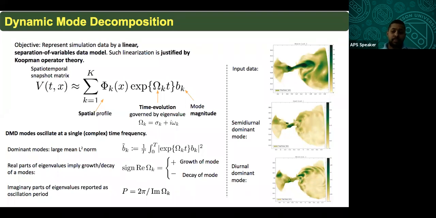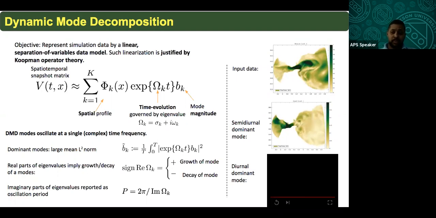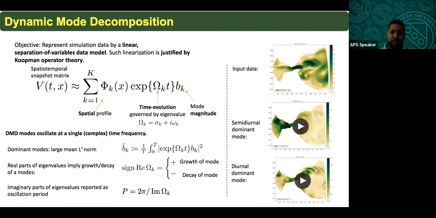If you have a positive real part, then that mode is a growing mode. If you have a negative real part, that means a decaying mode. Also, we can use the imaginary part of those eigenvalues to check the periodicity, or the period, of those modes.